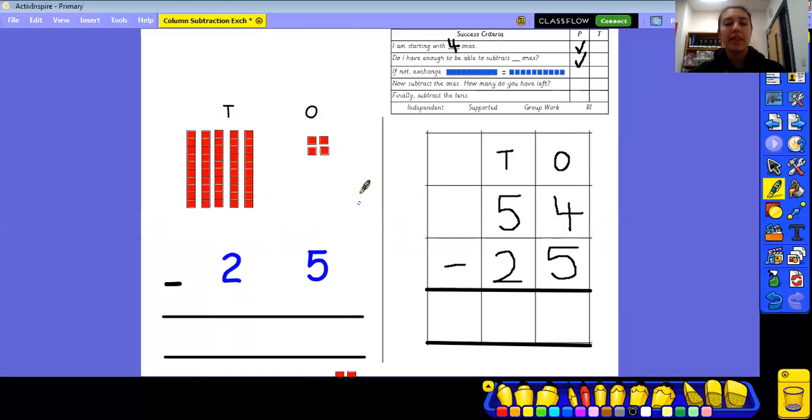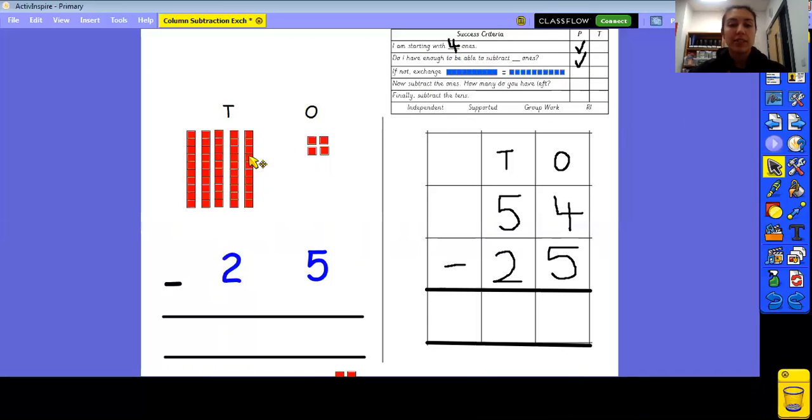So that must mean that I need to get some ones from somewhere. Where can I get some more ones from? That's right, if we follow our success criteria, it says that we need to exchange one of our 10s for 10 ones. So let's take one of our 10s from our 10s column and put it in our ones column.